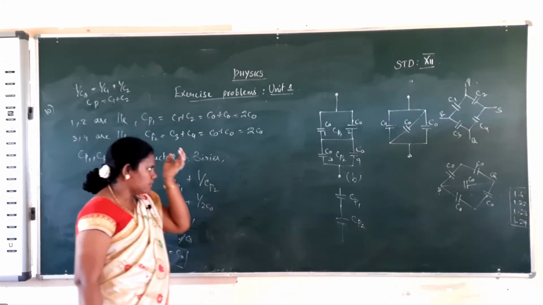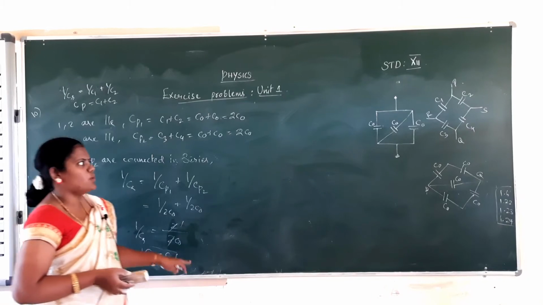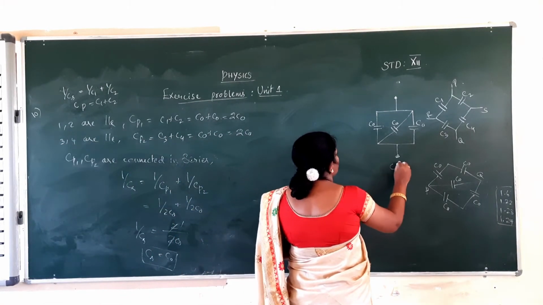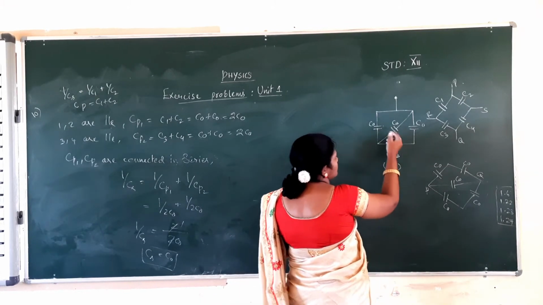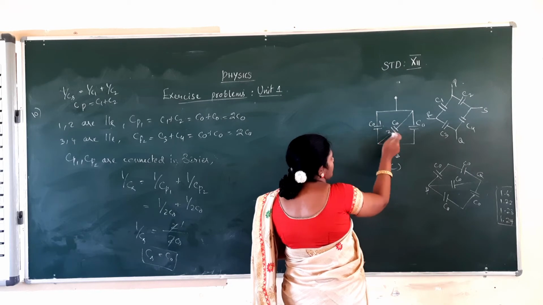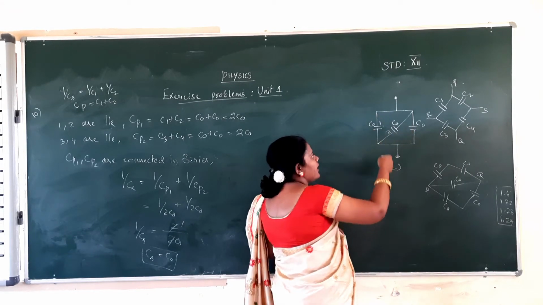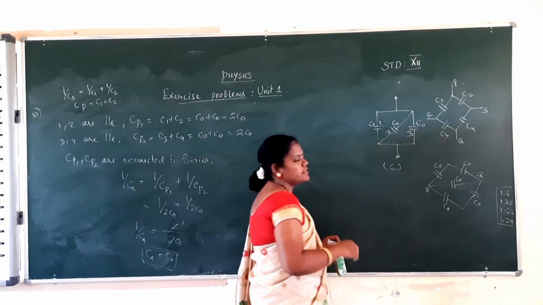Then go for the third one. Now we will go for the third problem. It is problem C. In this problem, the capacitors C0, C0, C0 are connected. The first two capacitors, 1 and 2, will be connected in parallel, and we calculate the effective capacitance. Then the third capacitor will be connected in parallel.